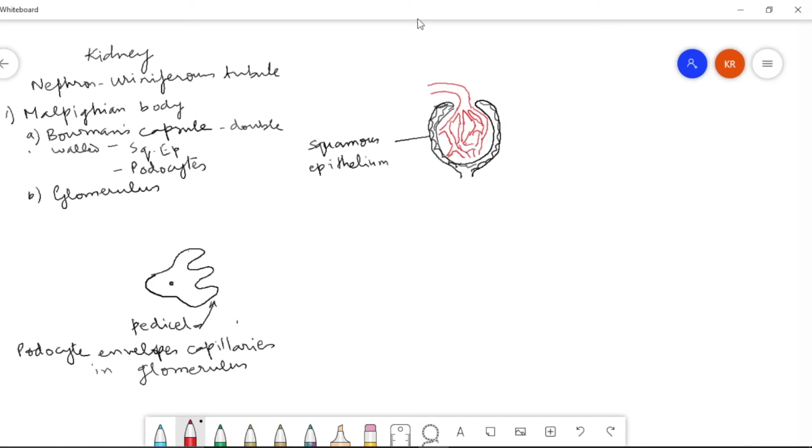So it branches several times into capillaries. I am redrawing one of the capillaries, let us say over here. So this is being shown as a capillary.